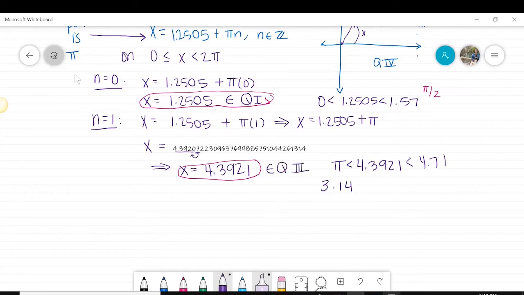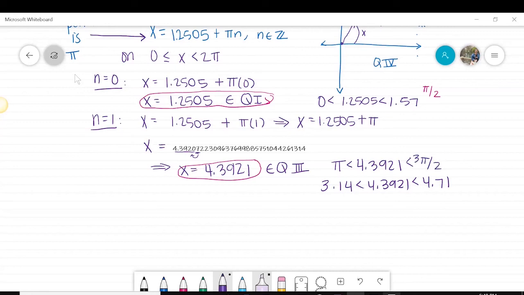So between pi and 3 pi over 2, just so we're lining up what we got.